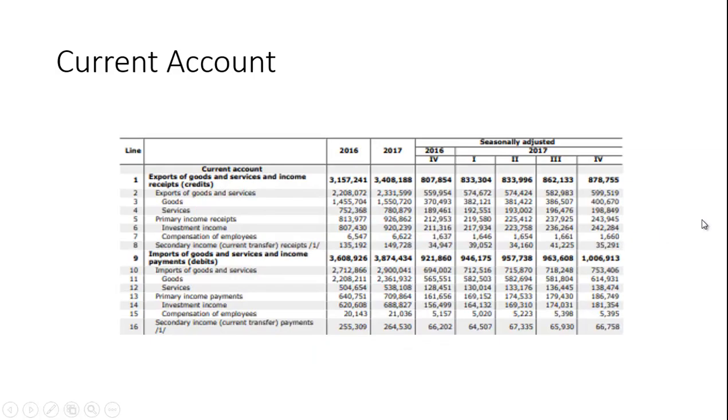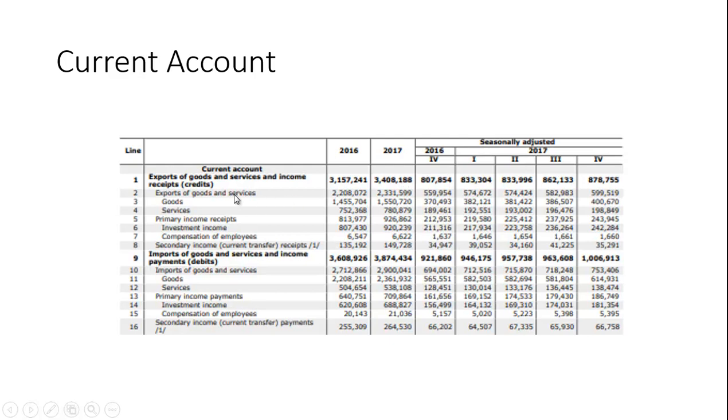So to make it a little more readable, I'm just going to focus on the current account part right here. And you can see that they have exports of goods and services and income receipts. And they have it for 2016, 2017, and they have seasonally adjusted amounts for different quarters. But let's just look at 2017.